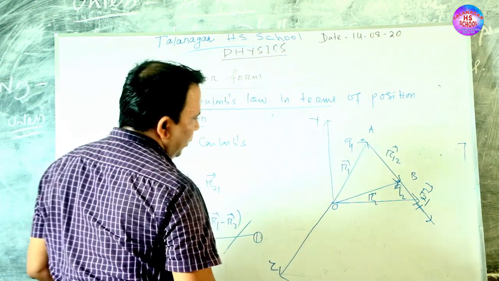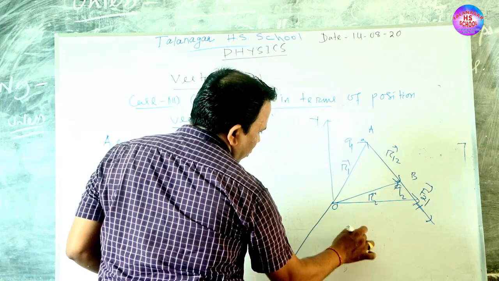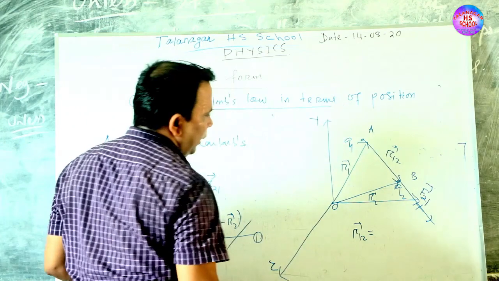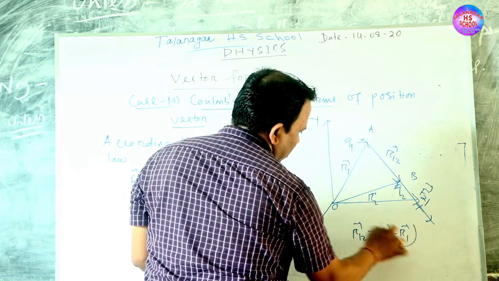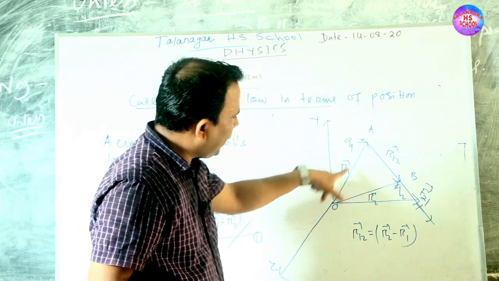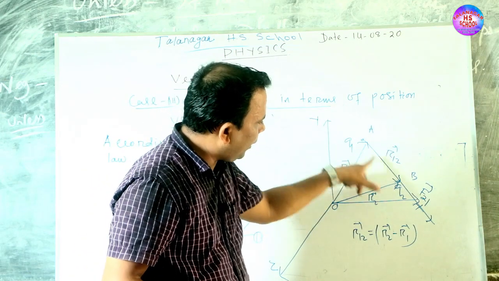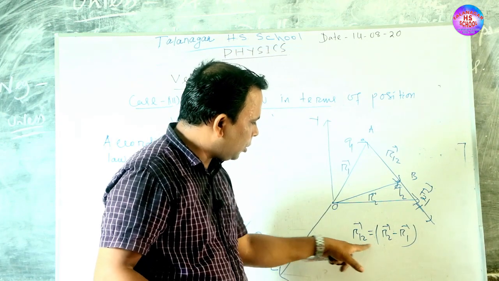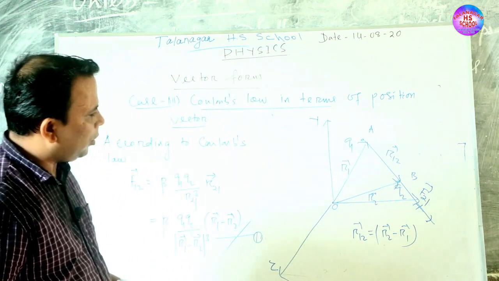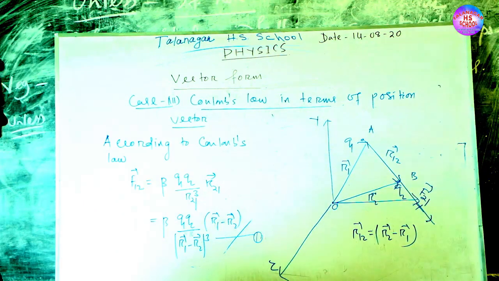According to the triangle law of vector addition, two sides OA and AB are in the same order and OB is in the opposite order, so r12 is equal to r2 minus r1.